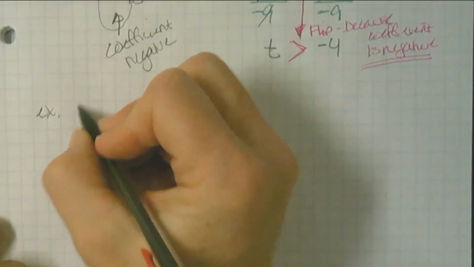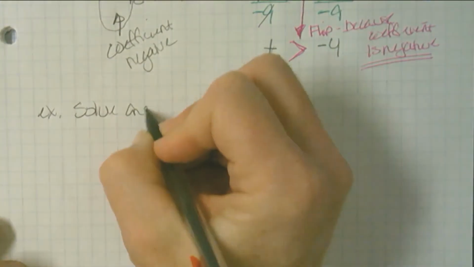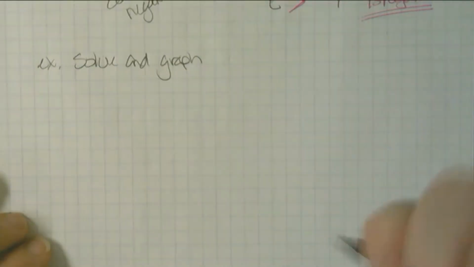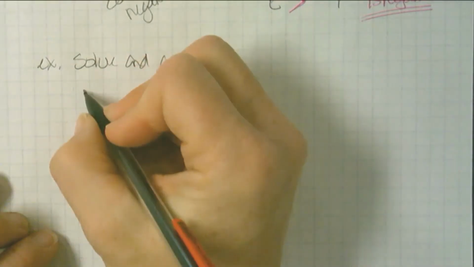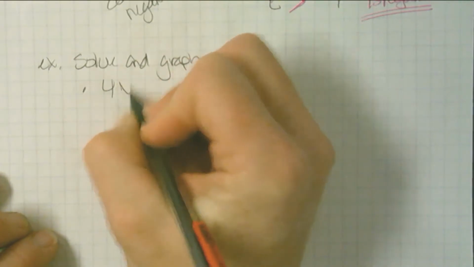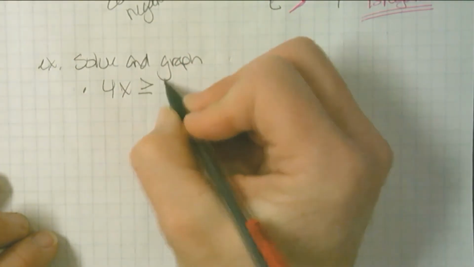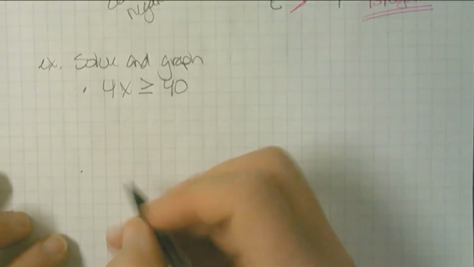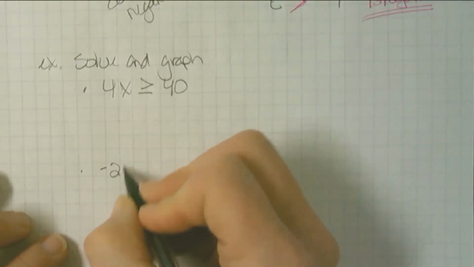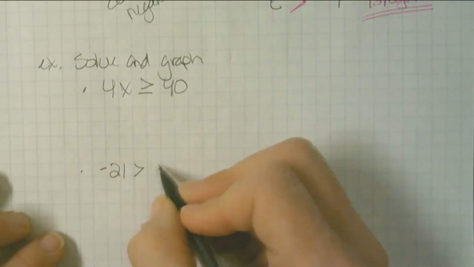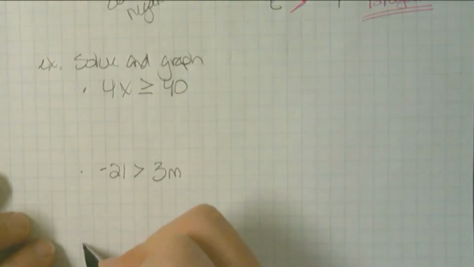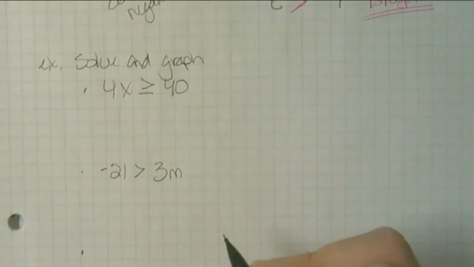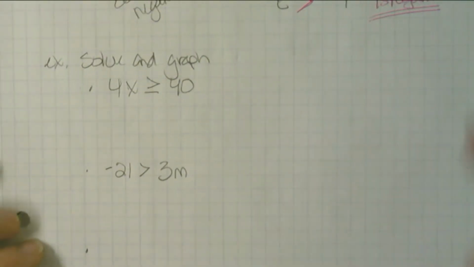All right, so I want you to solve and graph the following problems. I have 4x is greater than or equal to 40. That's my first one. There's my second one.